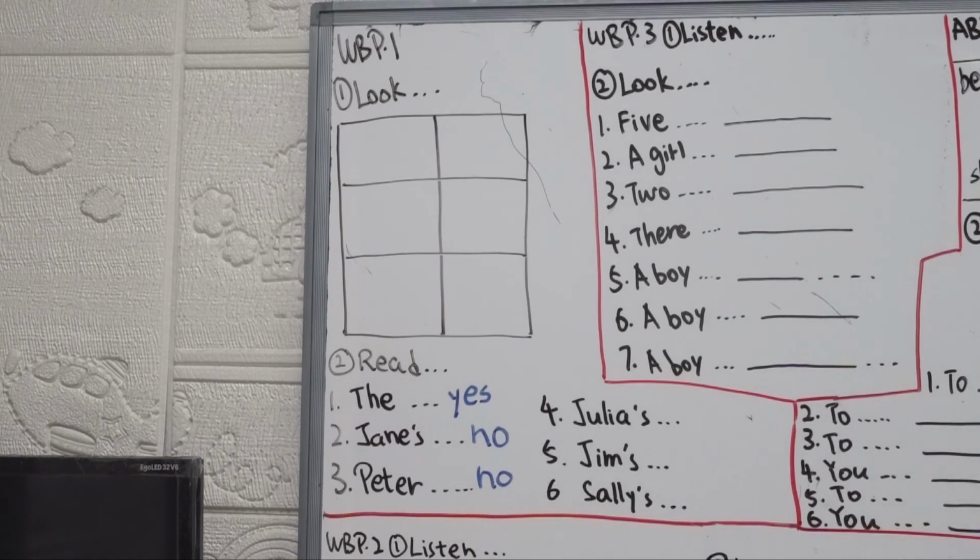Jane is the one who is climbing the tree. So that is a no, okay? So 4 to 6, you do it by yourself. Apart from saying yes or no, I would like you to give me the reason why it is yes and why it is no. Do it by yourself.